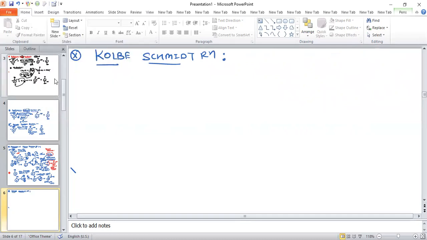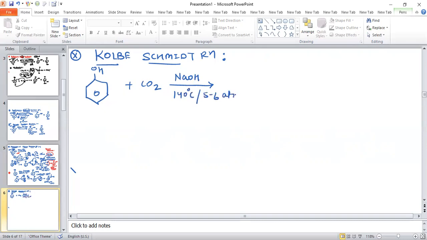You can easily identify when we use phenol. So the reaction of phenol along with CO2, in presence of NaOH, basic medium, and the reaction occurs at 140 degrees Celsius and 5 to 6 atm pressure.